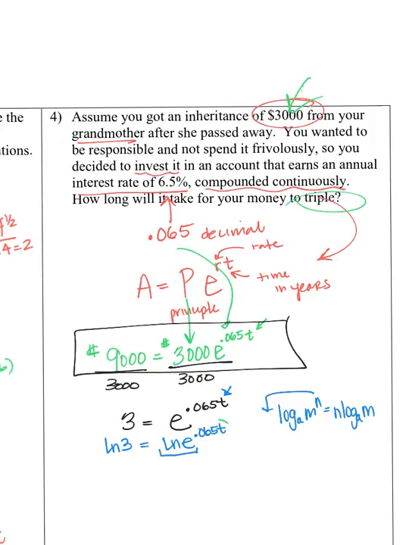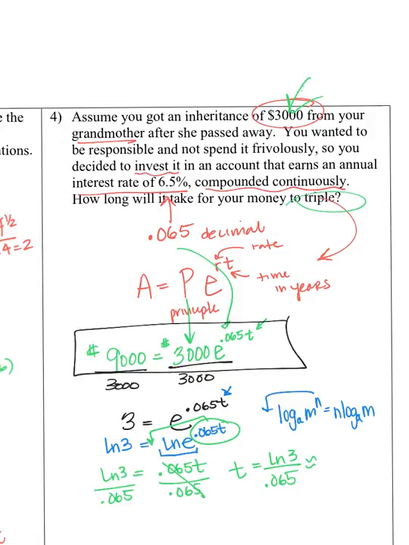So we have 0.065t equals natural log of 3. Then we divide by 0.065, and we end up that t is natural log of 3 divided by 0.065.